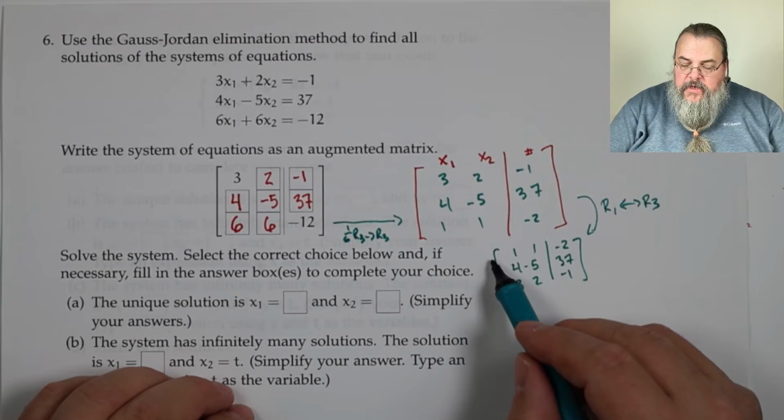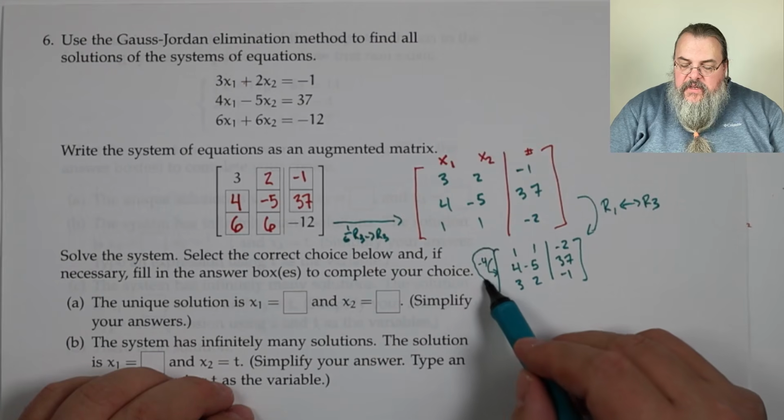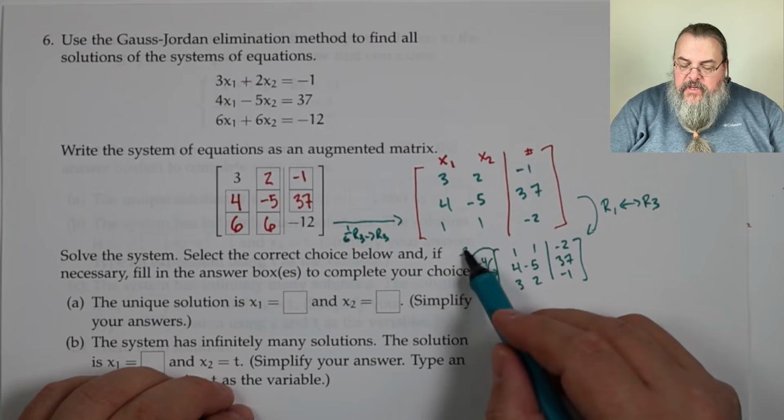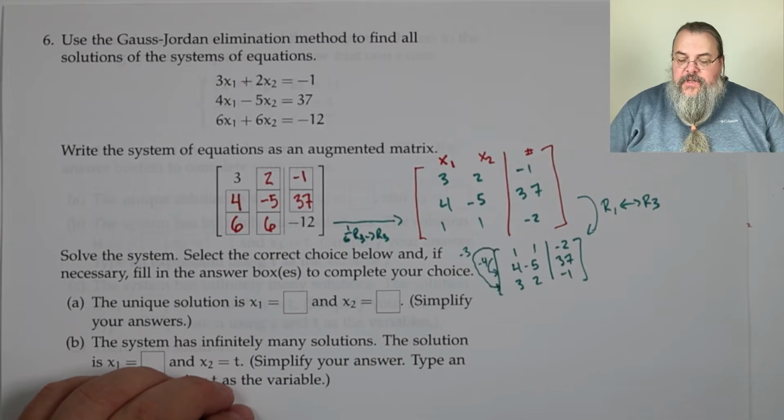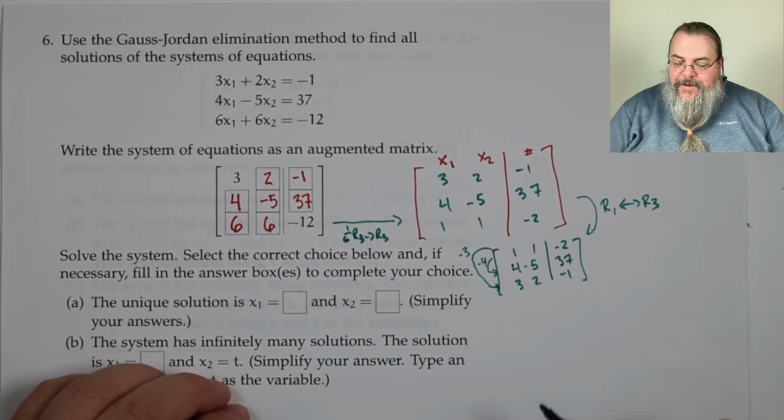And now I'm going to go ahead and do 2 things at once. Multiply by -4 times the first row added to the second, and multiply by -3 times the first row and add it to the third. In other words, knock stuff out. We like to do that.